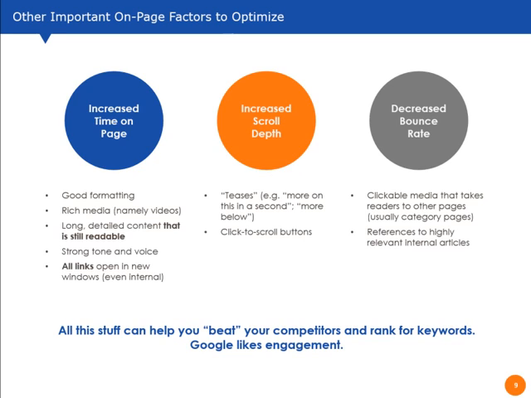Having rich media, namely videos and pictures and other things that can keep people engaged and staying on your site is a good idea. If you have long, detailed content that is still readable, and using a strong tone of voice, and we talk about how to write great content a little bit more in other lessons.